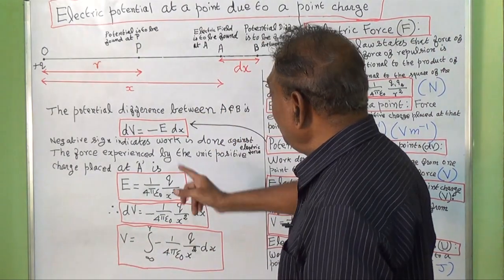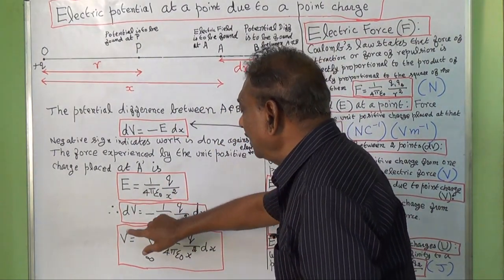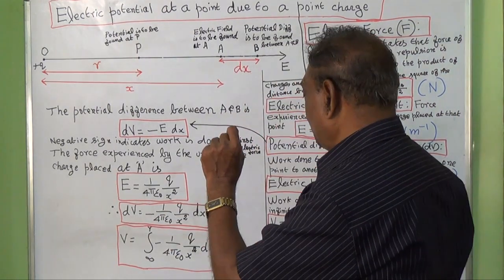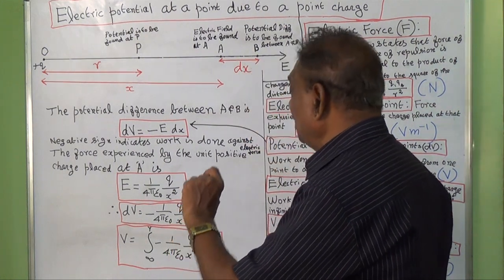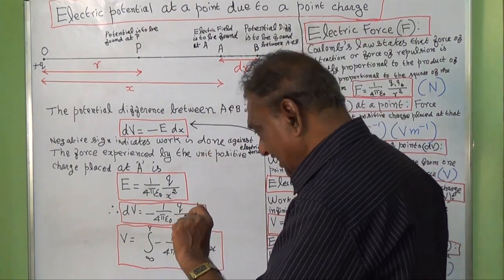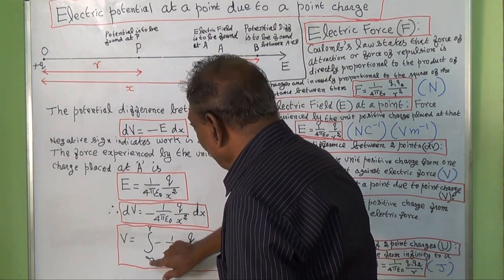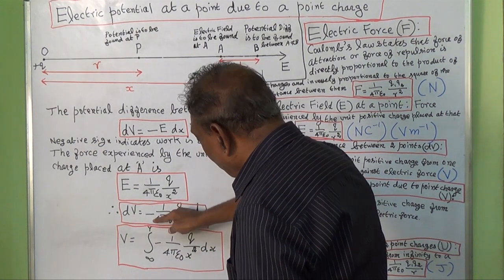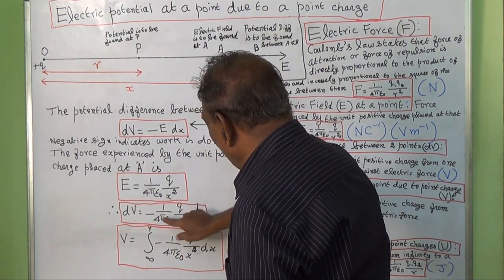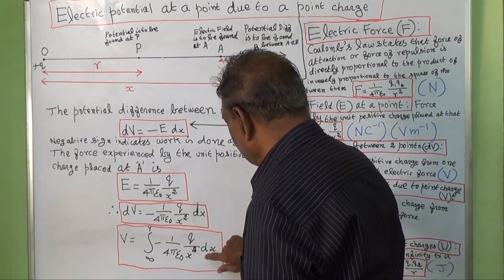If we integrate the equation dV, we will get the equation for capital V, that is electric potential at a point. For that purpose, the equation V is written as integral infinity, that is lower limit, to R, that is upper limit, minus 1 by 4 pi epsilon naught q by x square dx.